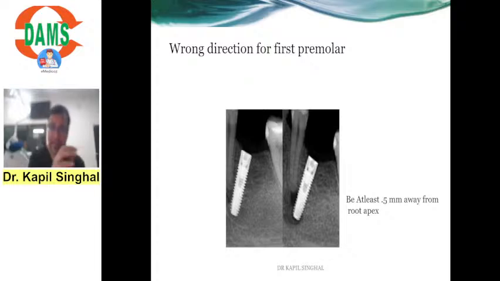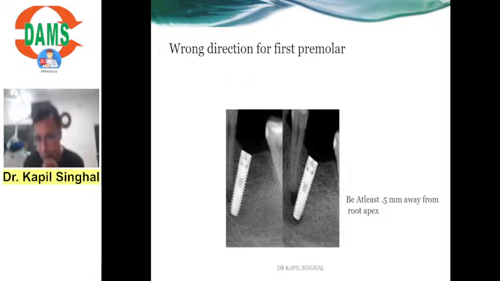So whenever you're placing the implant, they can ask you one more MCQ: how much distance should be kept from the root of the adjacent tooth? Please remember, when you are drilling and placing an implant, you need to be away from the adjacent tooth root. Now, how far? You need to be at a distance of the periodontal ligament width.